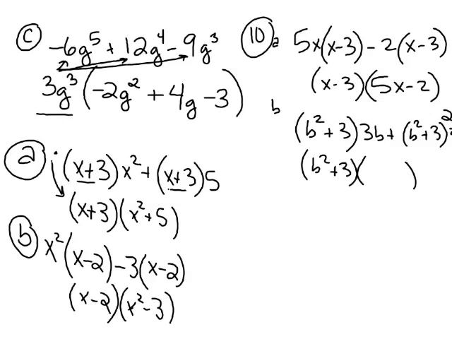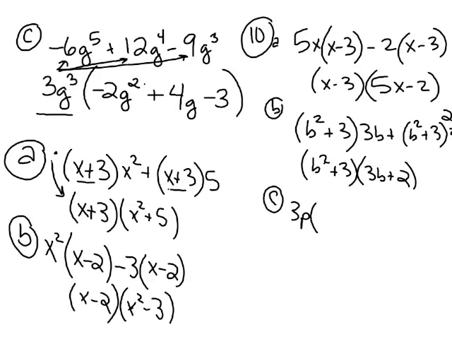What are the terms that are left over that I'm going to group? 3b plus 2. That was just the 2 that you rewrote over. That's what was thrown outside.